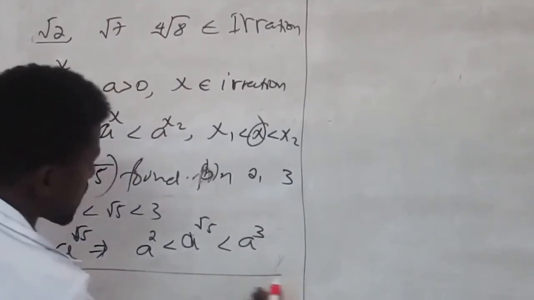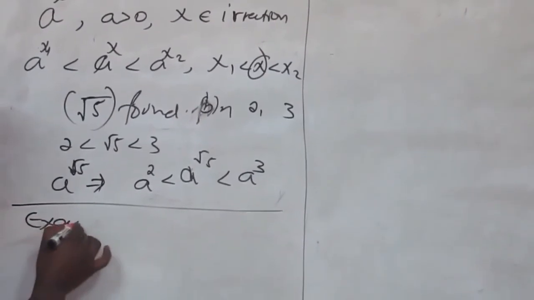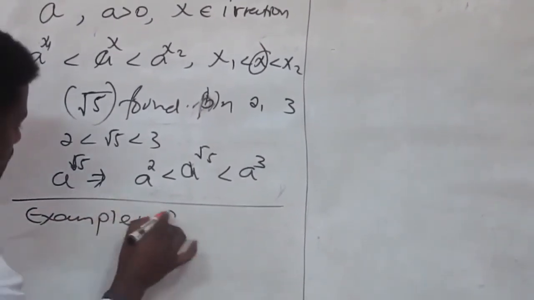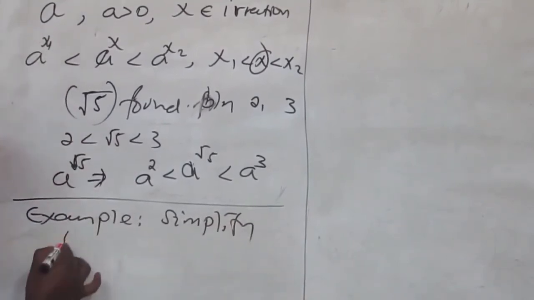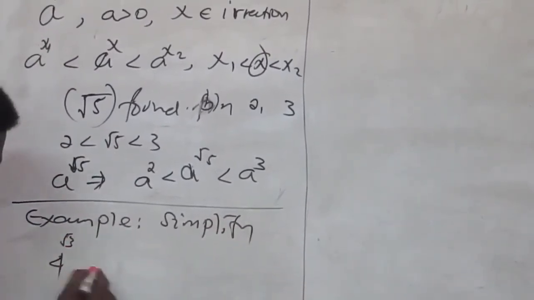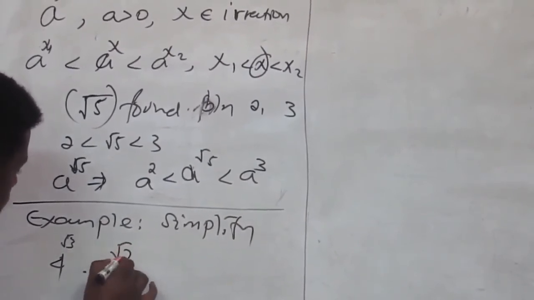So let us simplify some numbers. Example: simplify. For A, 4 to the power of radical 3 times 4 to the power of radical 27.